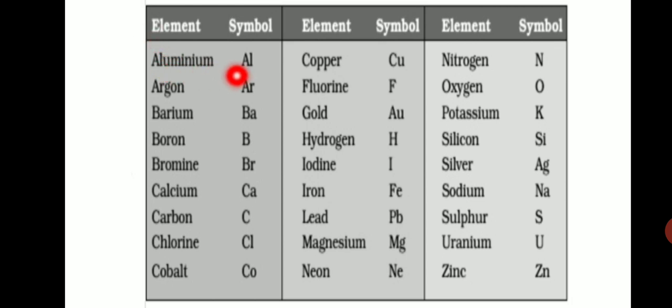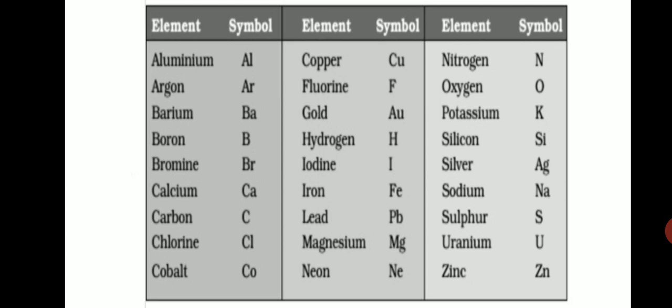Aluminum means Al. For all the symbols, the first letter will be a capital letter and the following letter will be a small letter. That is the point. The first letter you have to write in capital, but the second letter is small.